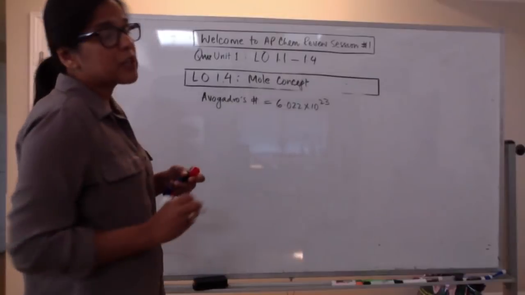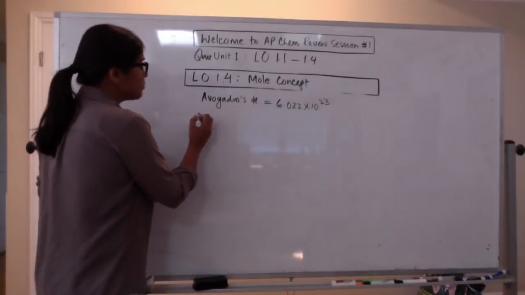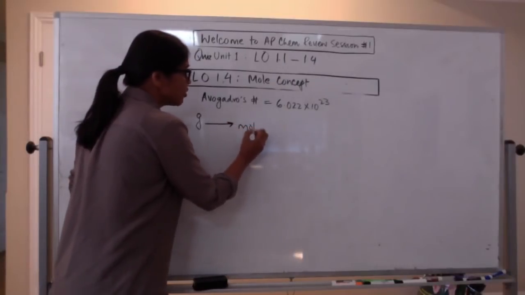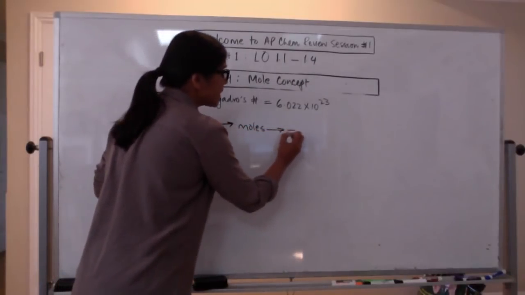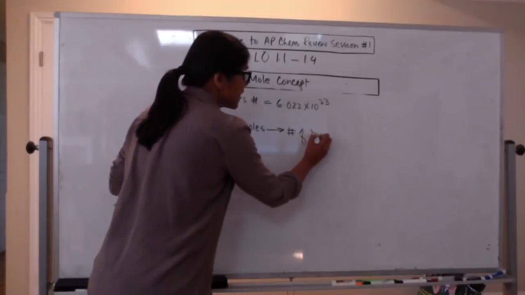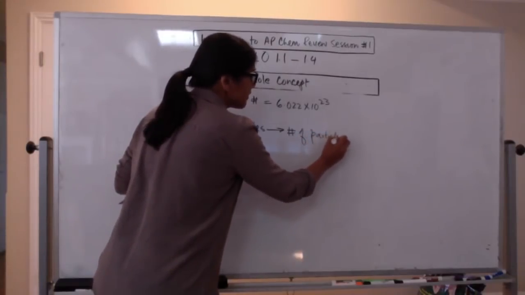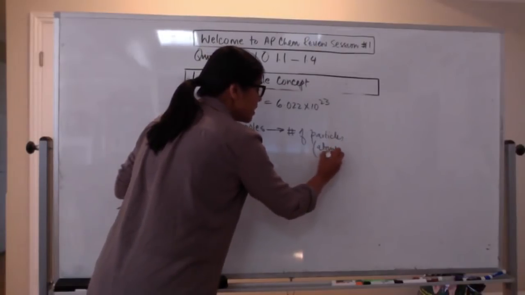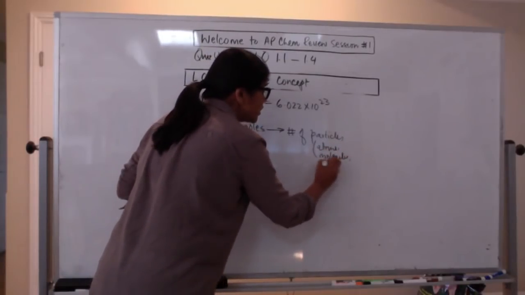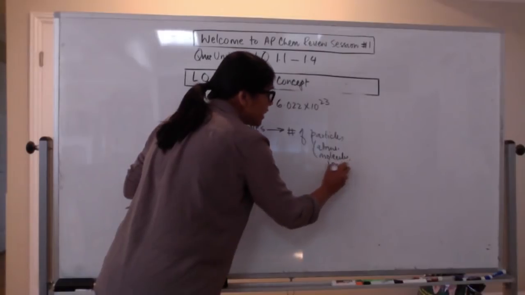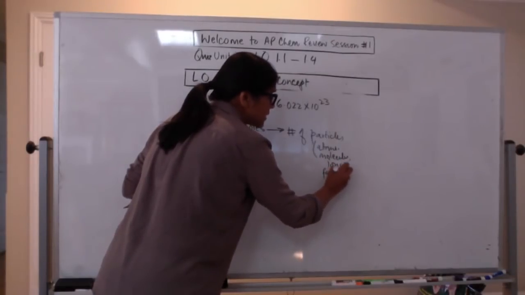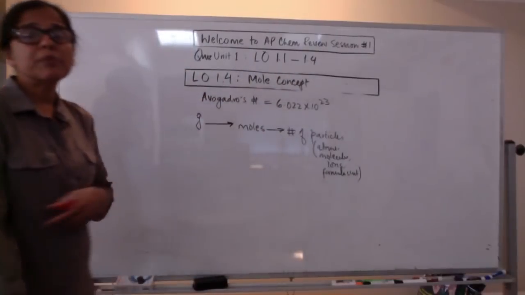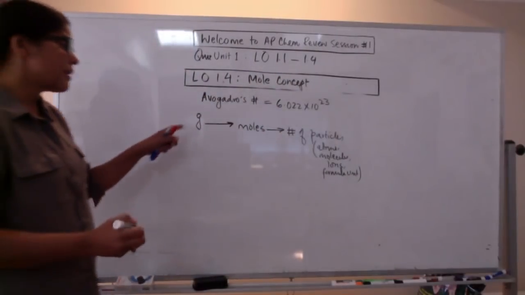There are a couple of things you need to know. Anytime you have grams of a substance, you must convert it to moles before you can get the number of particles. When I write particles, it could be atoms, molecules, ions, or even formula units and other things as well. Avogadro's number means nothing more than a number.